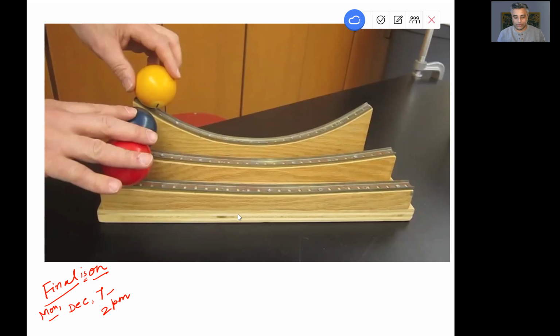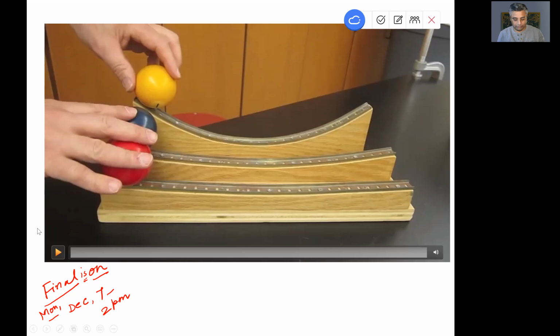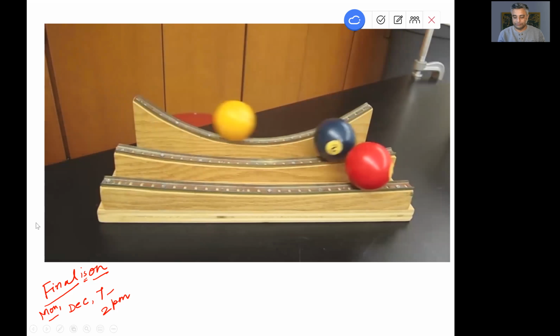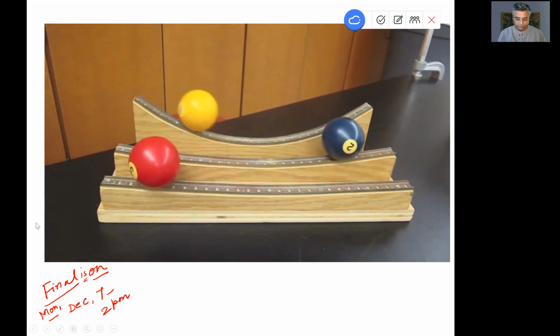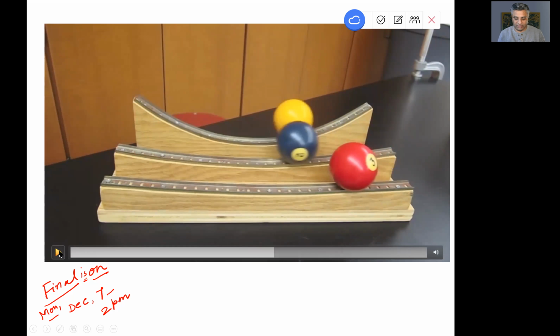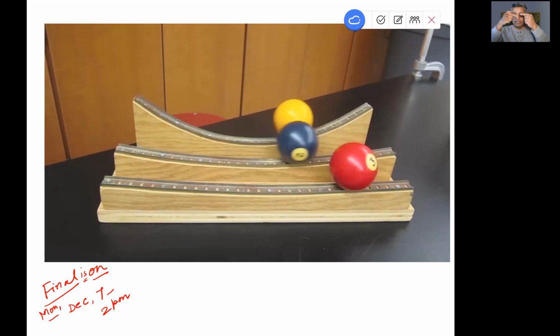So here is a short video where these balls are just oscillating back and forth. And how quickly they are oscillating, going back and forth, depends on the slope, the curvature of that track here, right?